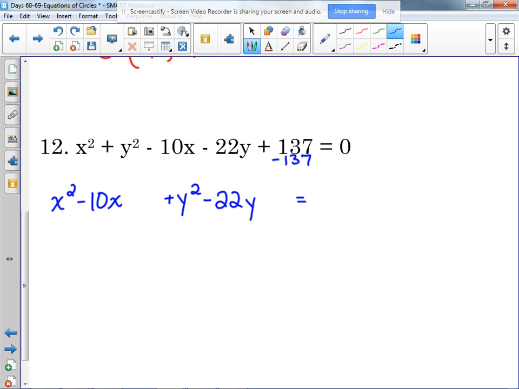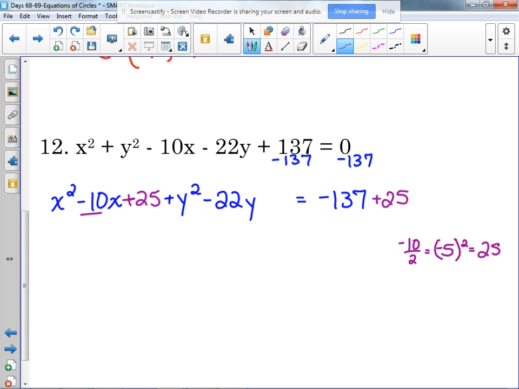Move that 137 to the other side, so it's equal to negative 137. Okay, complete the square. Divide the negative 10 by 2. We get negative 5. Negative 5 squared is positive 25. So we add 25 there. We add 25 to the other side of the equation.